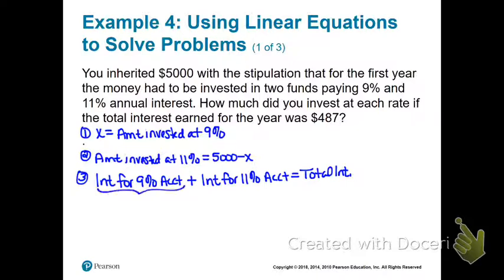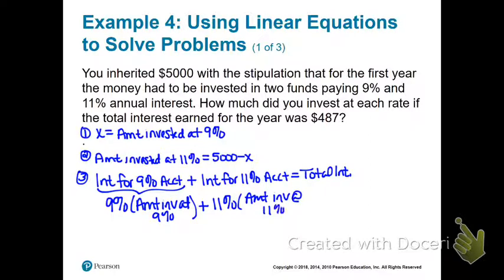So for the 9%, we're going to take 9% times the amount invested at 9%, plus 11% times the amount invested at 11%. And that's going to equal our total interest, which they said is $487.